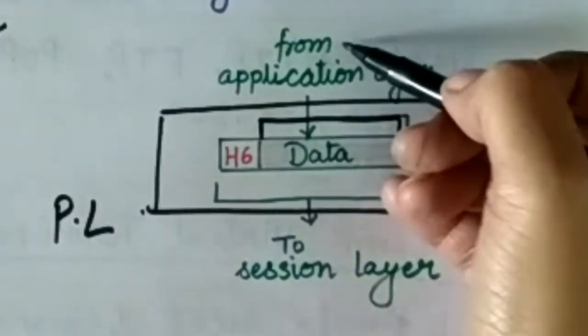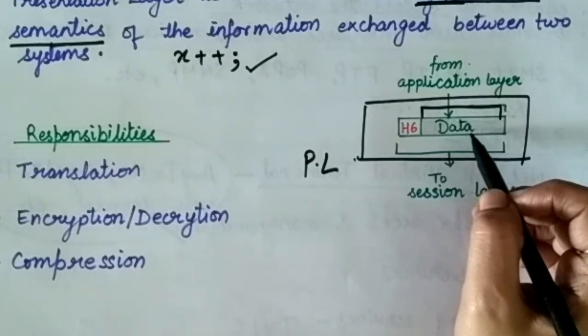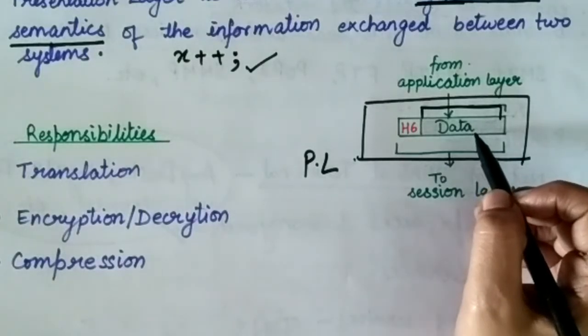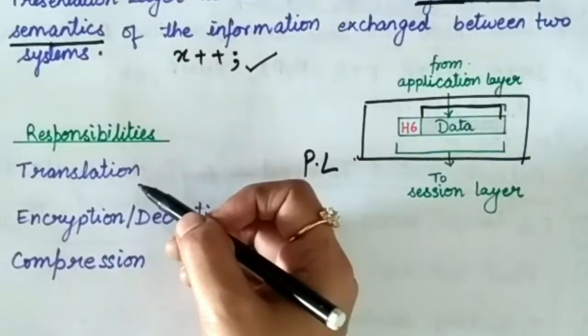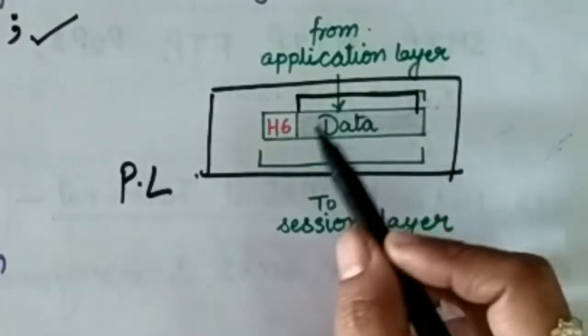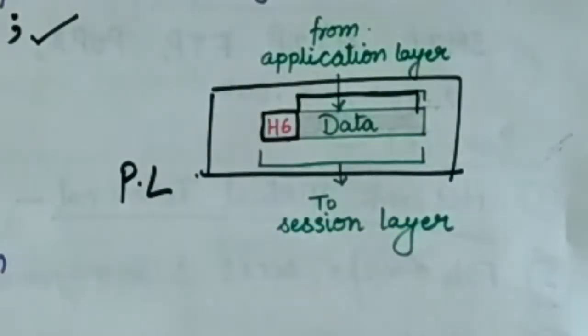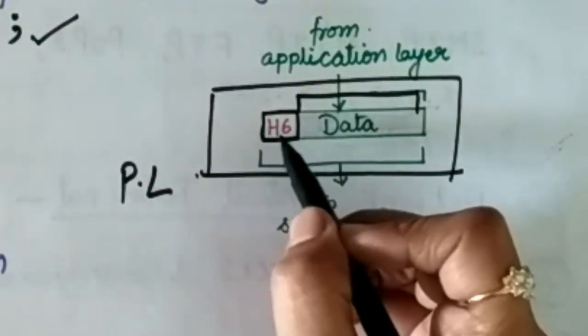When this message or data unit comes to the presentation layer, it processes it. Processing means it will do translation, encryption, decryption, compression, etc. It will process this data unit and add a header to it. Here I have written H6.